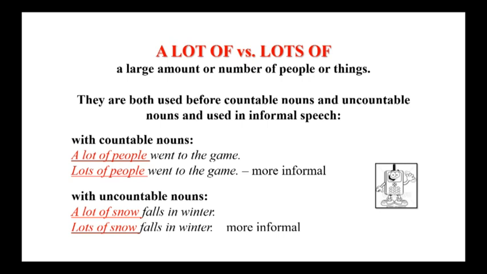A lot of people went to the game. Možete reći many people went to the game. To bi bilo sasvim lepo. Ali ako već koristite ovo u neformalnom govoru, reći ćete a lot of people. Možete da kažete i lots of people went to the game, ali to je još manje formalno, dakle još opuštenija varijanta. Sa nebrojivim imenicama, with uncountable nouns, a lot of snow falls in winter ili lots of snow falls in winter, which is even more informal.